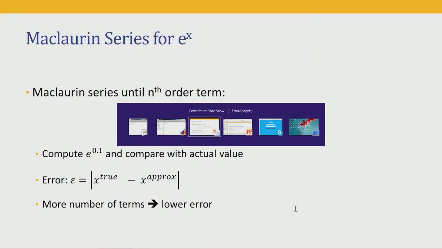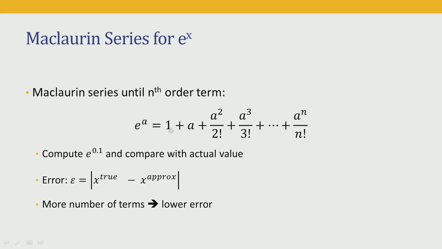Why 1.0 is the first term over here: the zeroth order term is 1, the a to the power 1 term is a, the a to the power 2 term is a square divided by 2 factorial, and so on and so forth. If we look at the first term and compare it with the second term, it is just multiplied by a divided by 2. If we compare the next two terms, it is just multiplied by a divided by 3, and so on and so forth.